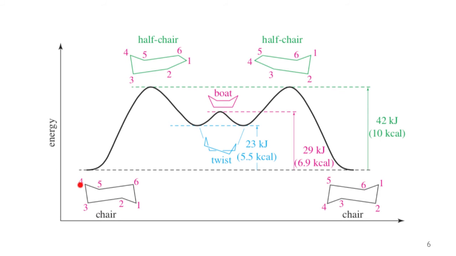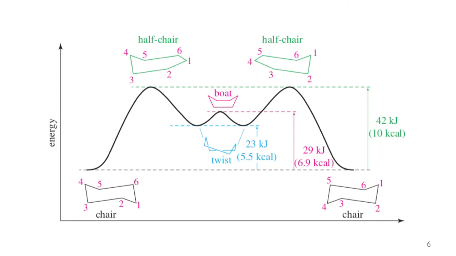I want you to pay attention to carbon number 4 and carbon number 1. And then over here is the other chair conformation. Now you notice that carbon number 4 is pointed down in this orientation and carbon number 1 is up. So how do we get from here to there? The answer is the process that you see here.